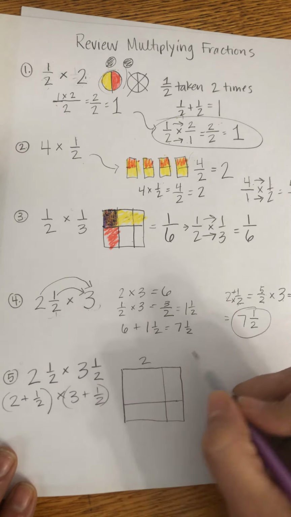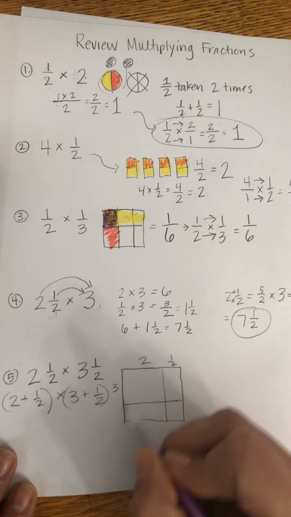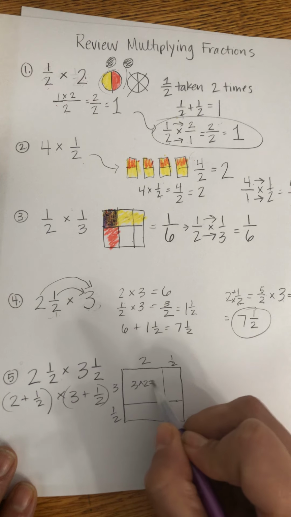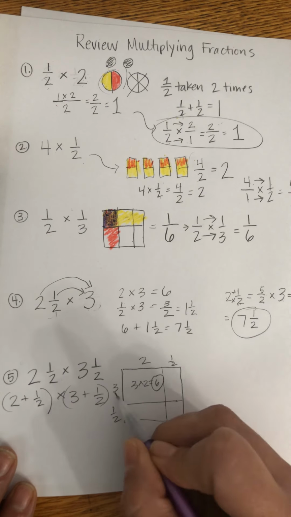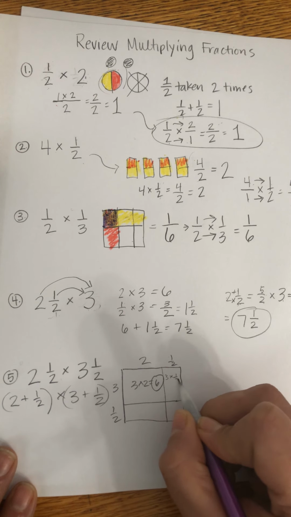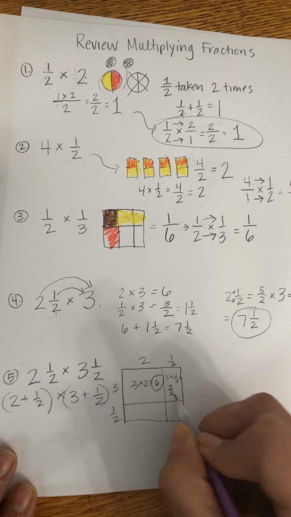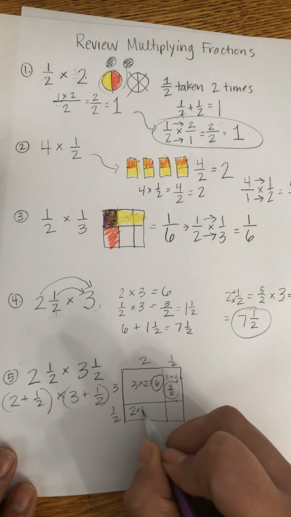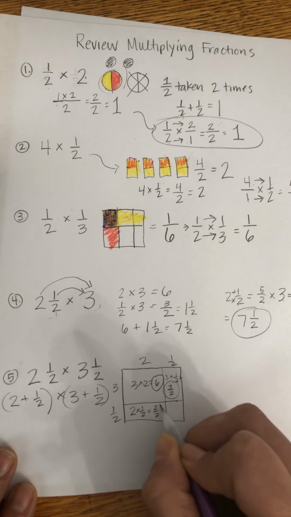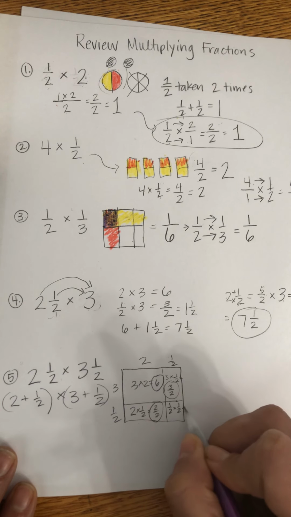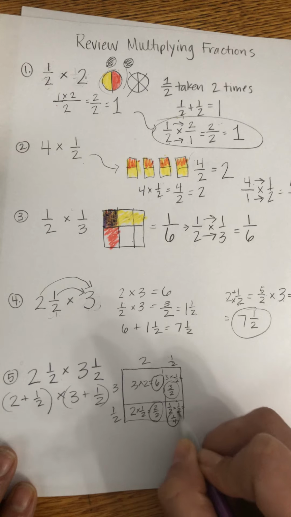So this is 2 and this is 1/2, this is 3 and this is 1/2. In here is 3 times 2 equals 6. In here is 3 times 1/2, which equals 3/2. In this box, it's 2 times 1/2, which equals 2/2. And in this box, it's 1/2 times 1/2, which equals 1/4.